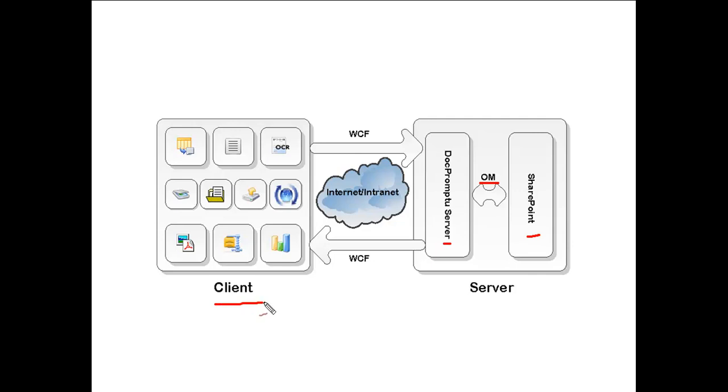The DocPromptu client communicates with the DocPromptu server through the Internet or intranet using WCF service. There are 10 modules in the DocPromptu client, 7 core modules and 3 additional modules. So let's take a close look at the 10 modules.